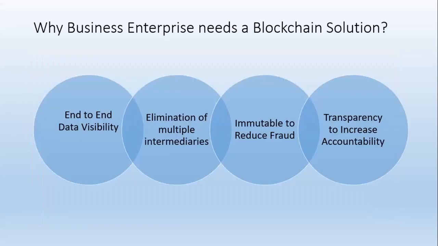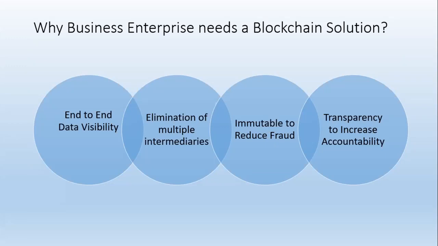Here is where the actual work of my paper comes into the picture. So why does a business enterprise need a blockchain solution? Why do they go for a blockchain solution? There are various reasons.